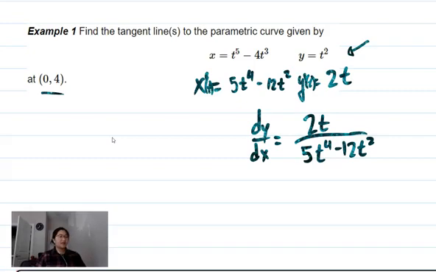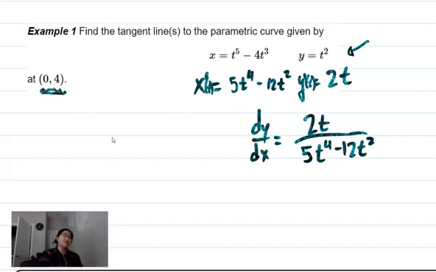And, well, what are we going to get from this? We have this in terms of t, but it's an expression with respect to t, so we need to think, what can we do with this such that we can still have the same coordinates that we're looking for?